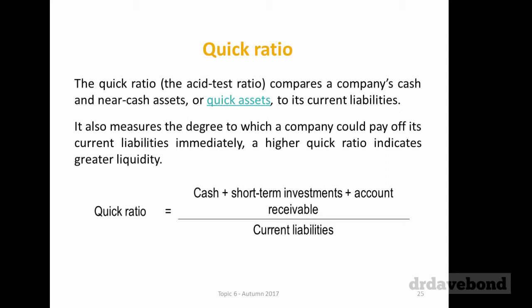Acid test. This is worst case scenario. We still have all our current liabilities on the bottom, but if you look on the top, what you see is cash, short-term investments, account receivable. Basically, the number that you don't see up the top is inventory. It's your current assets without inventory. And let's see how quickly you can do things.